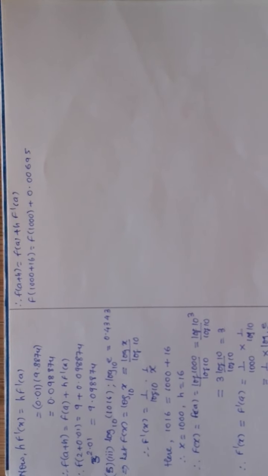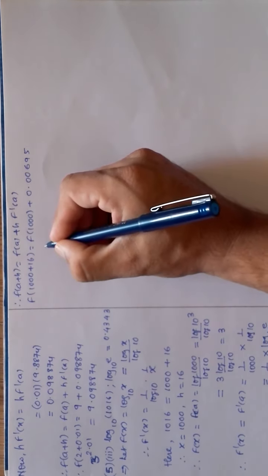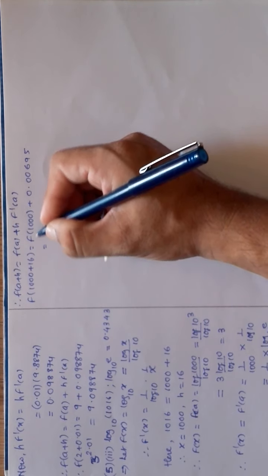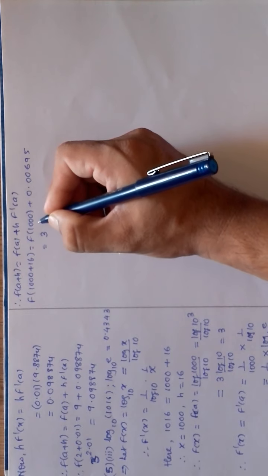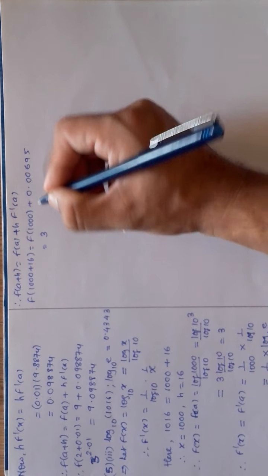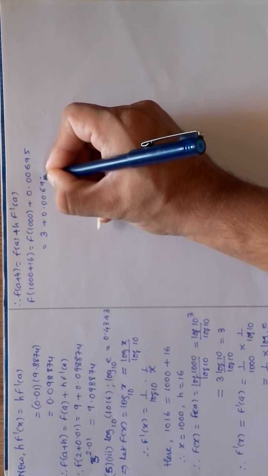Now we got everything. We can now find function of a plus h. Writing it in this particular format, function of a plus h is equal to function of a plus h into f dash a. We have found this to be 3. Function of a is already 3, and this is 0.00695.